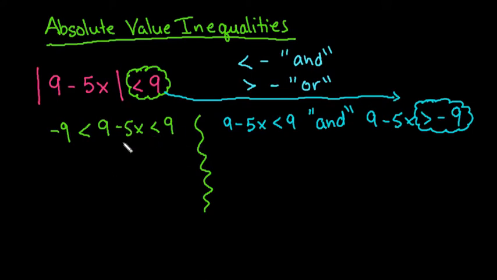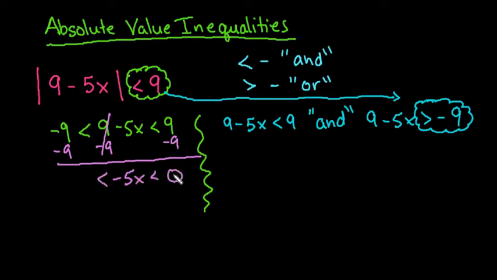If you do it this way, you would just solve it together. So we get -9 here, -9 here. In the middle it cancels out. And so we can say that -5x is less than 0, or greater than -18.